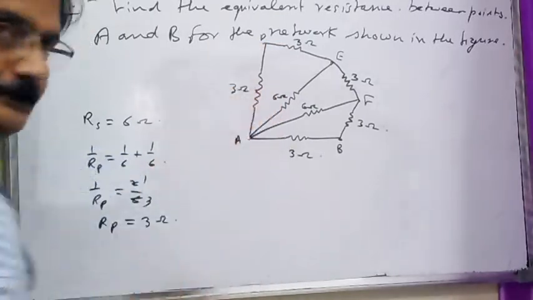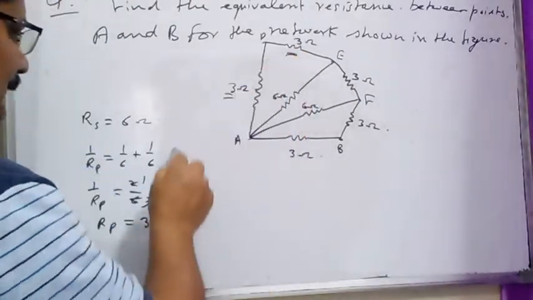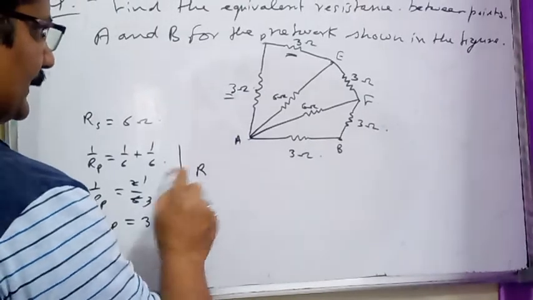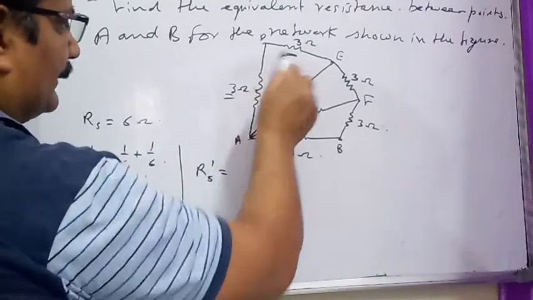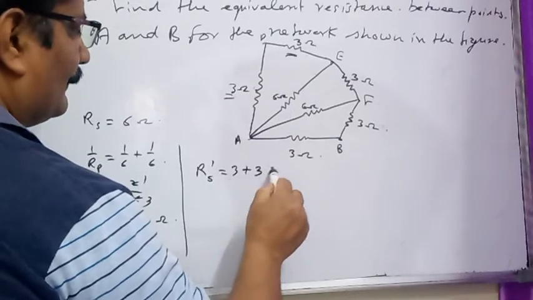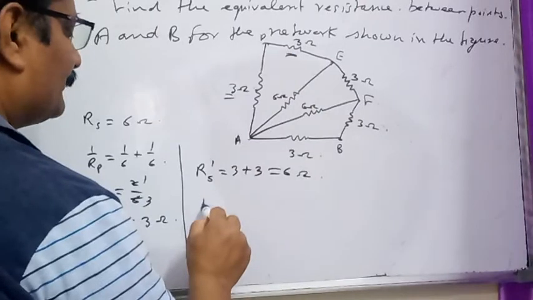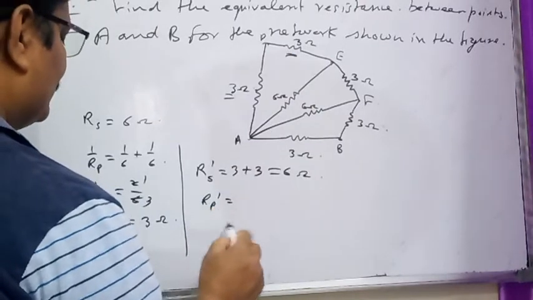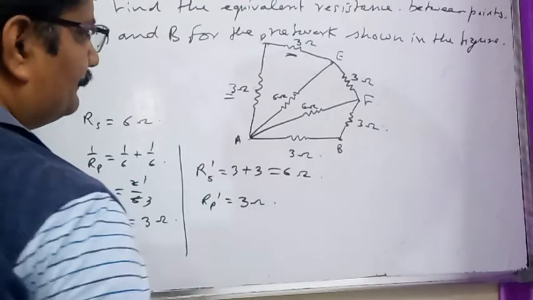Now the resistance up to there is 3 ohm. Now this 3 ohm and 3 ohm resistor are again in series. So their equivalent resistance Rs dash is equal to 3 plus 3, that is 6 ohm. Now 6 ohm and 6 ohm are again in parallel. So we can write their equivalent resistance Rp dash as 3 ohm.